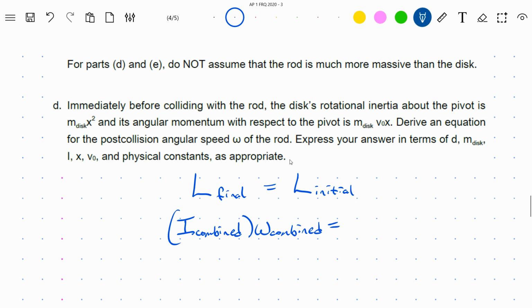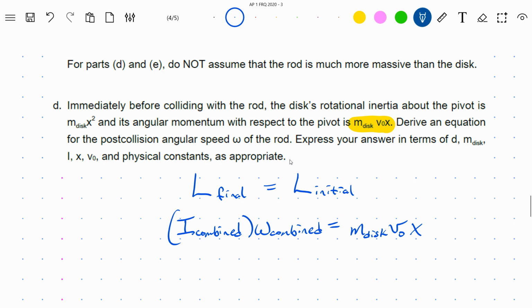That will have to equal the I of the disk times the omega of, well, actually, hang on, they actually told this to me. Maybe I don't need to do that. The angular momentum with respect to the pivot is given. So I'm just going to take advantage of that. The angular momentum is known to be m of the disk times v0x.